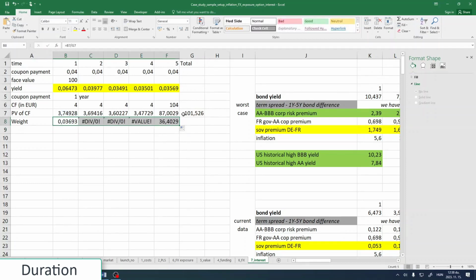Then we should use the dollar mark, because otherwise it will go sideways. And then just for carefulness, let's calculate the sum of the weight. It's cool.